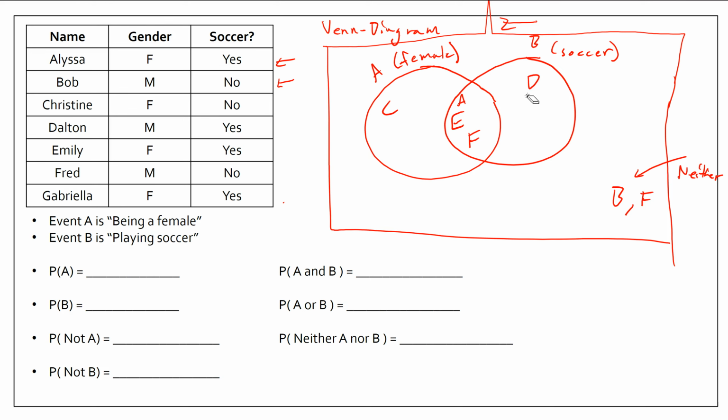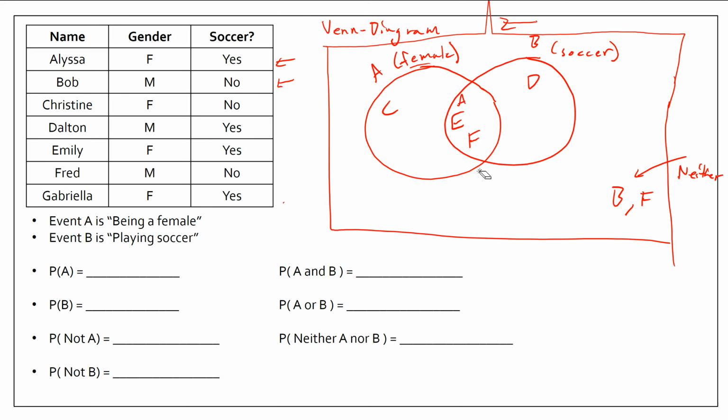To figure out the probability here, all we need to do is look at our circles. I like to disregard everything else, and I'll show you how. So for example, this is the probability of picking somebody in event A. In other words, the probability of picking a female. If we look at everybody that's in this circle, how many people do we have?